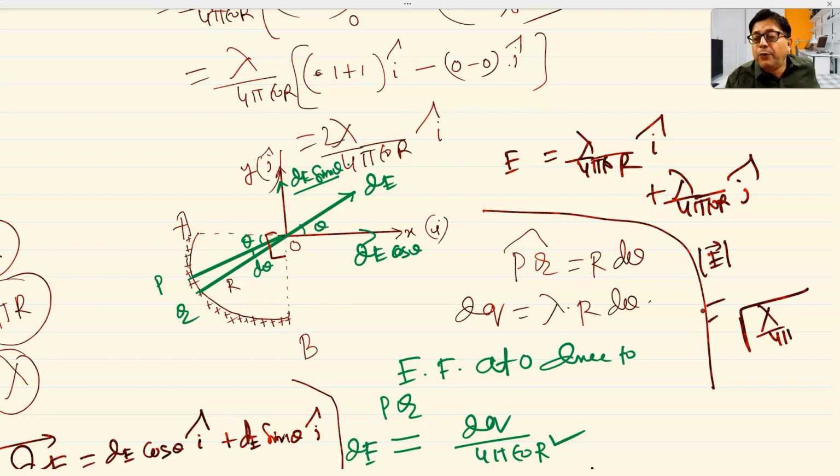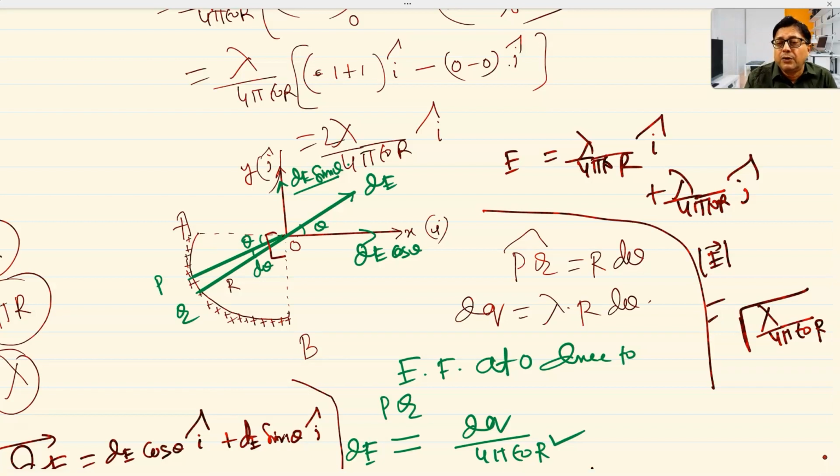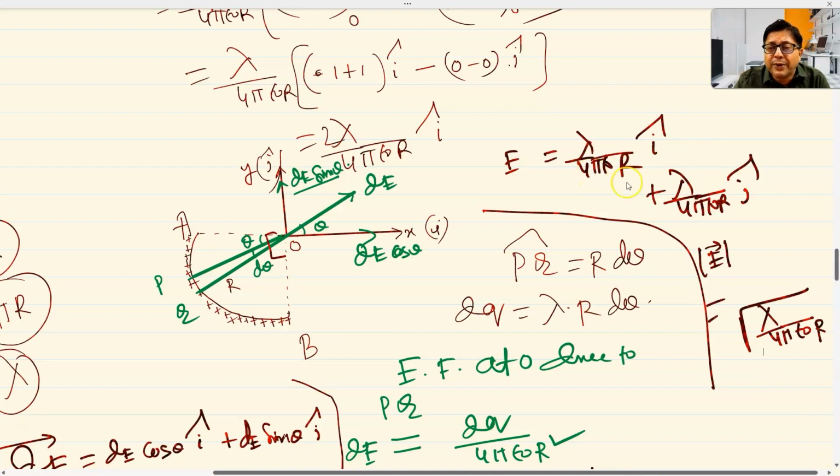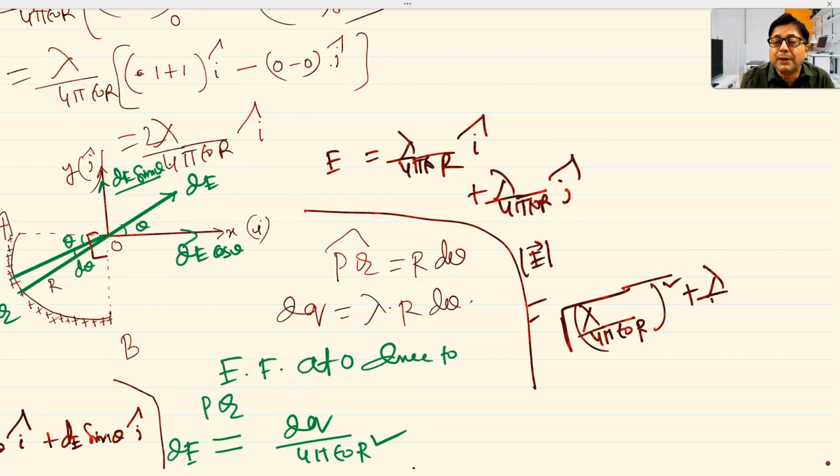Lambda by 4 pi epsilon 0 R, you take common, into unit vector mod E. Okay, modulus of this thing will be this square plus this square. Let me write. Lambda by 4 pi epsilon 0 R square plus lambda by 4 pi epsilon 0 R square.